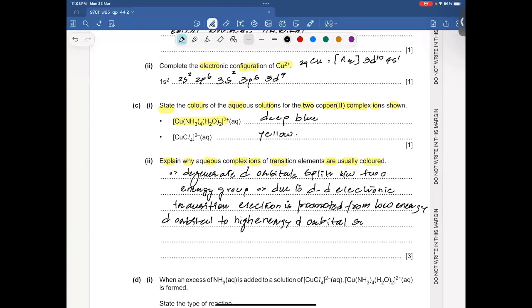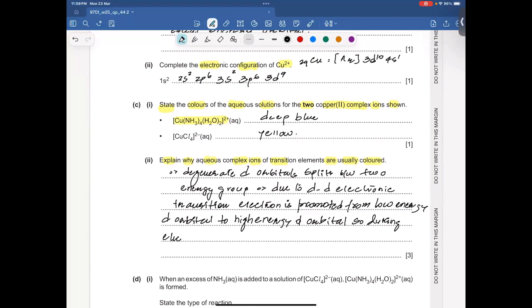So during this electron promotion, certain wavelengths are absorbed. The wavelengths that are not absorbed correspond to the color of the solution observed.